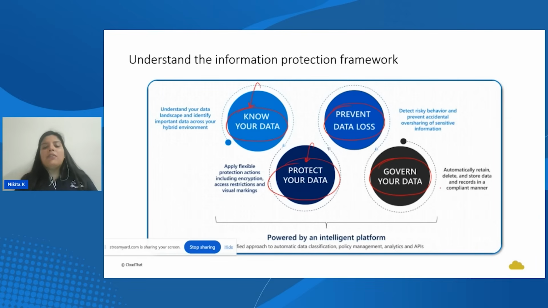For example, if I have access to a certain file, how long can I access it? Everything from knowing your data till your data governance will fall under your information protection framework.